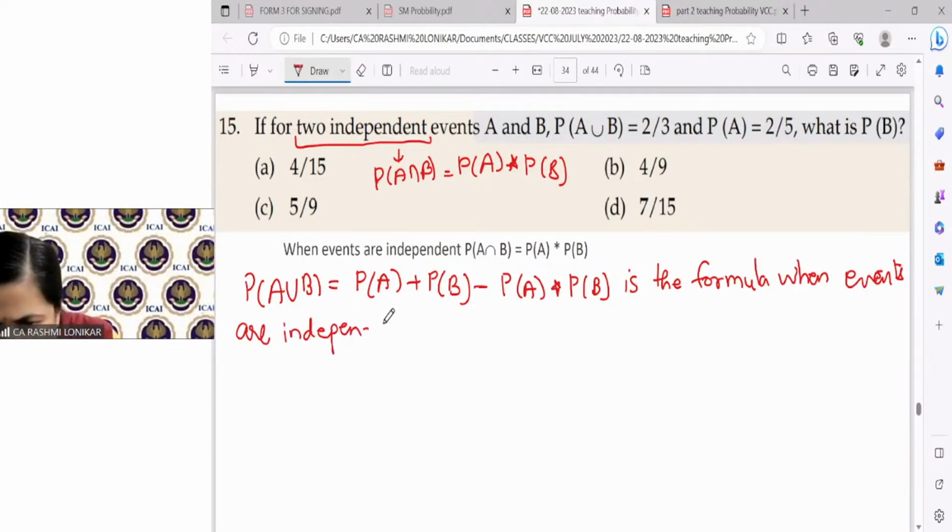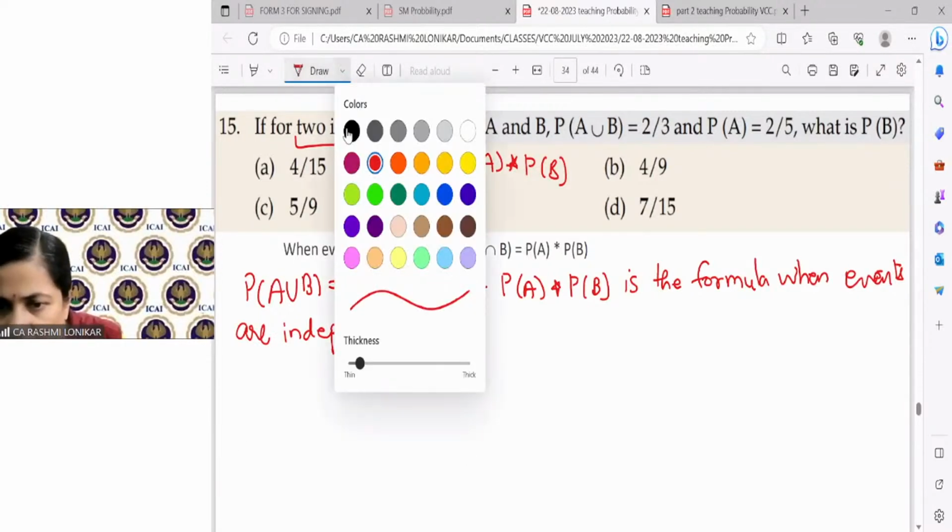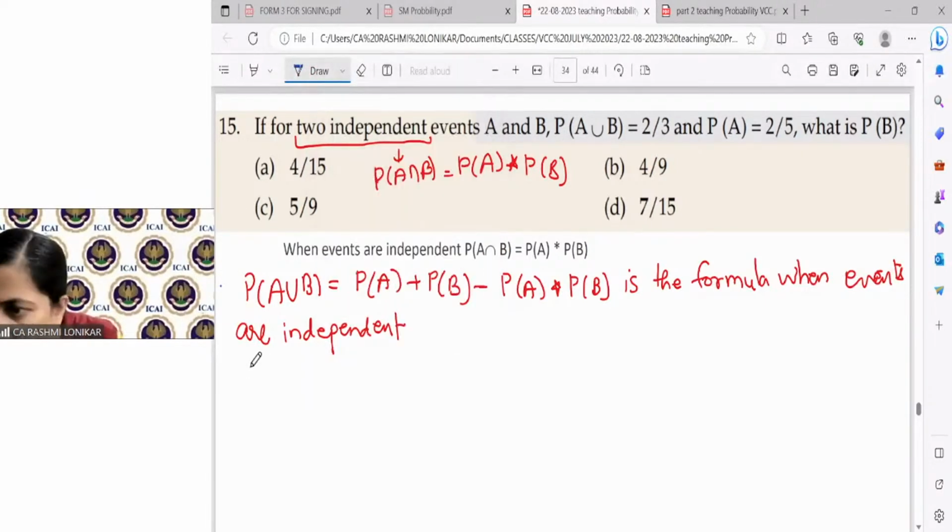I've already written it here also, but here I'm explaining again. So now can I use this? P of A union B is given to me as 2 by 3, which is equal to P of A, 2 by 5, plus P of B, say X. So let P of B be equal to X.